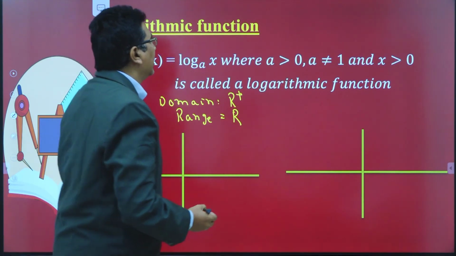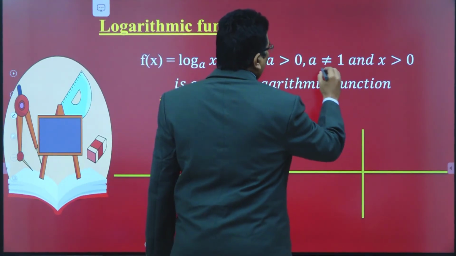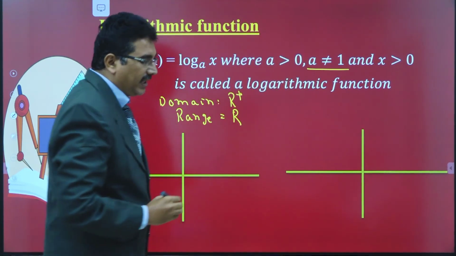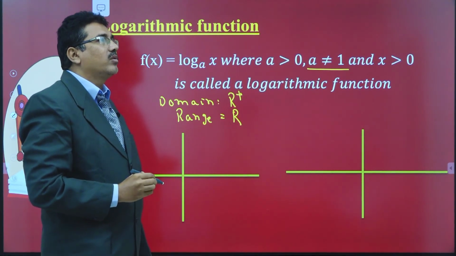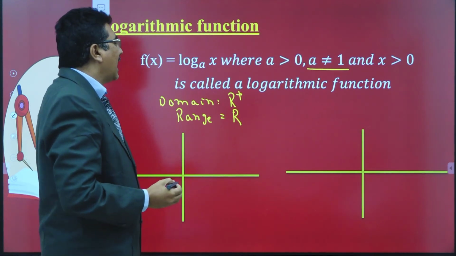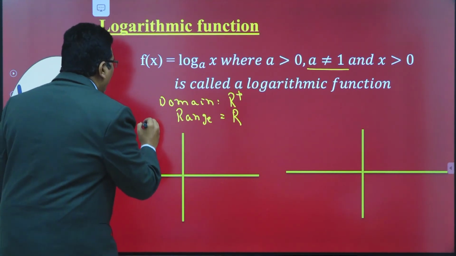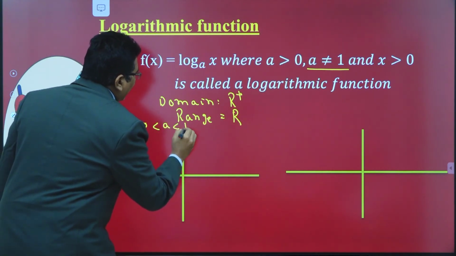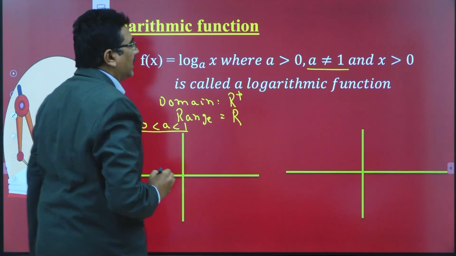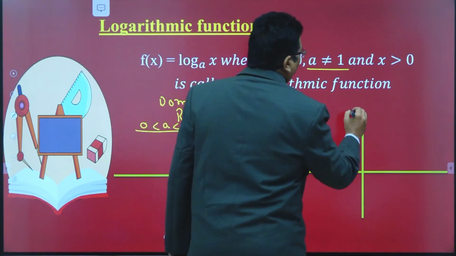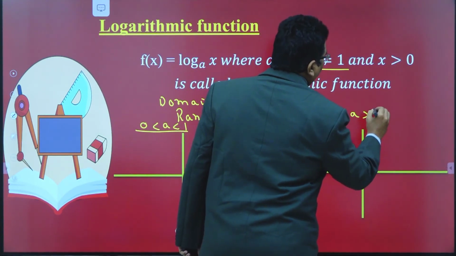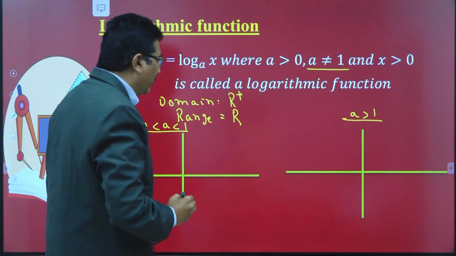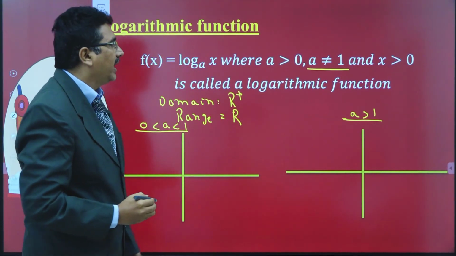Here, the very important condition is a not equal to 1. A not equal to 1 means a lies between 0 and 1, 0 less than a less than 1, or a greater than 1. Now we draw separate graphs for a between 0 and 1 and a greater than 1.